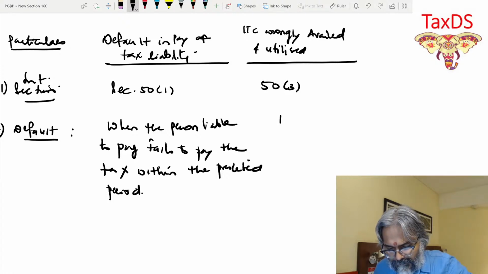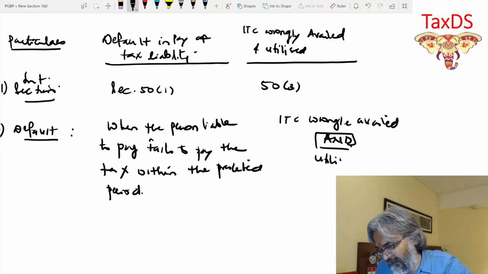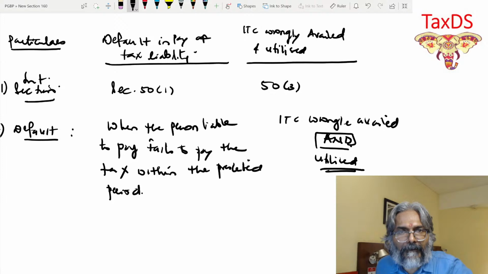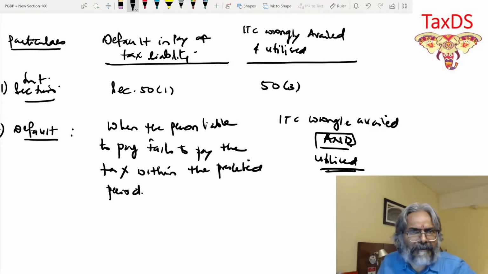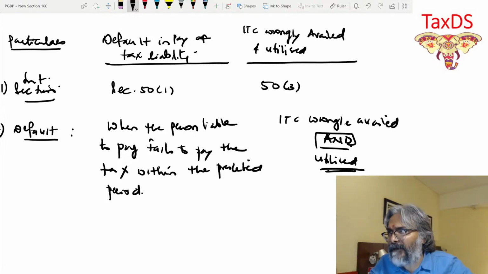Over here, if you see, students, ITC wrongly availed, not only availed, it should have been also utilized. The wrong availment of the credit results in a utilization also. Obviously it is a wrong utilization, because if the availment is wrong, definitely the utilization would be wrong.